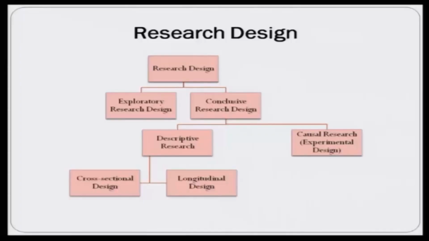However, if you perform the study on the same sample over a period of time, it is called longitudinal design. The other type of conclusive research design is causal research design, where you investigate whether there is a causal relationship between two variables or not.